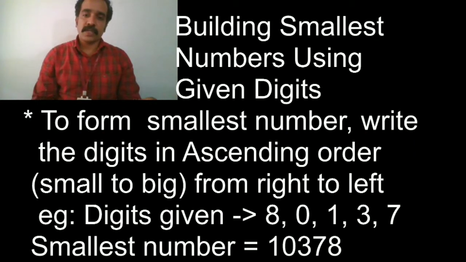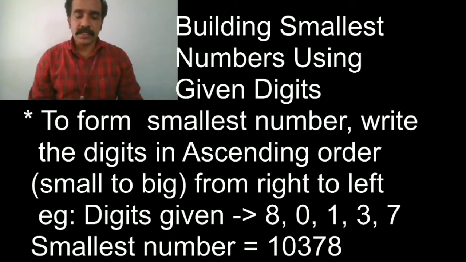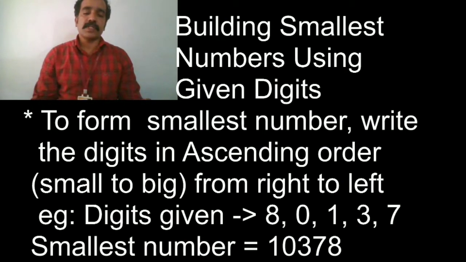So the next smallest digit, that is 1, is the first digit we have to write, then 0. Then the next small digit 3, then 7, then 8. So the number formed using these 5 digits is 10,378. That will be the smallest number we can make using these 5 digits.